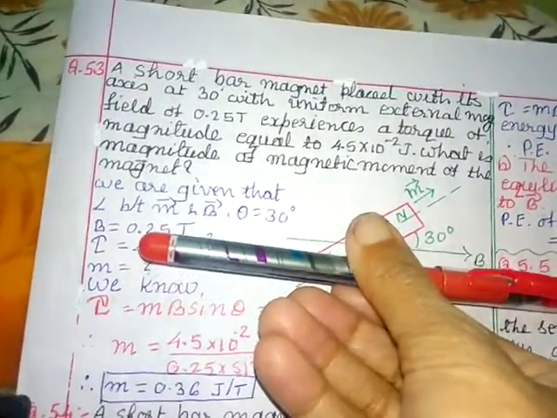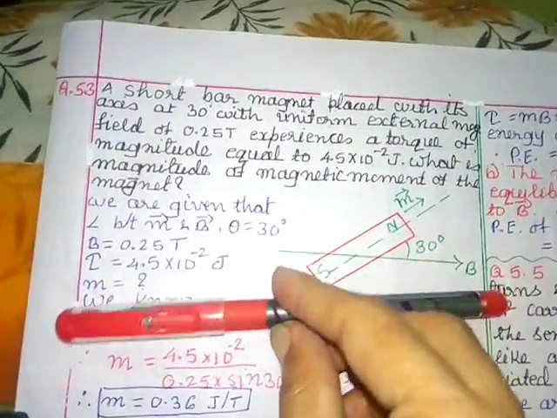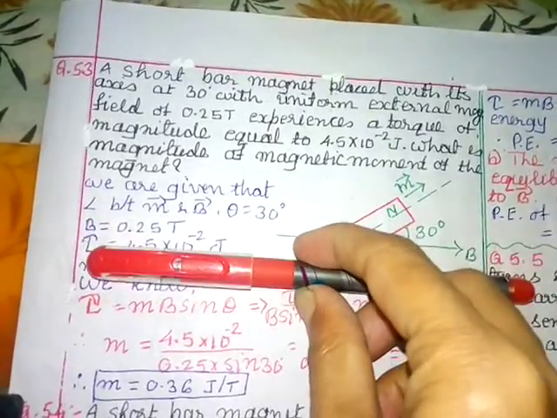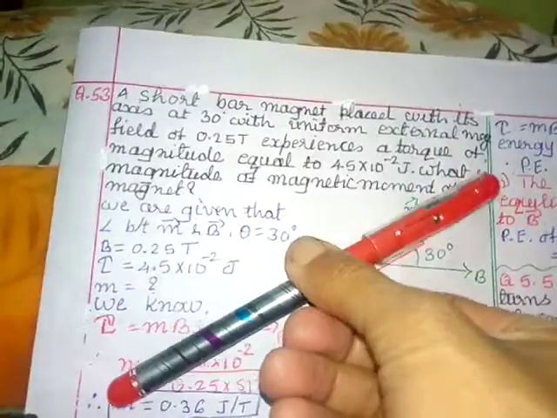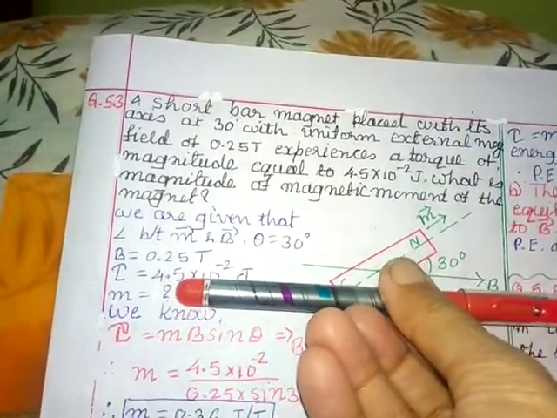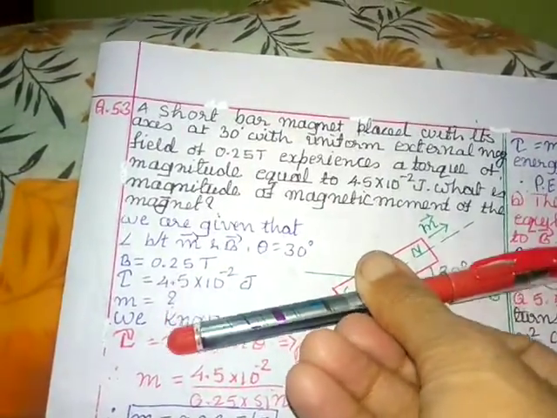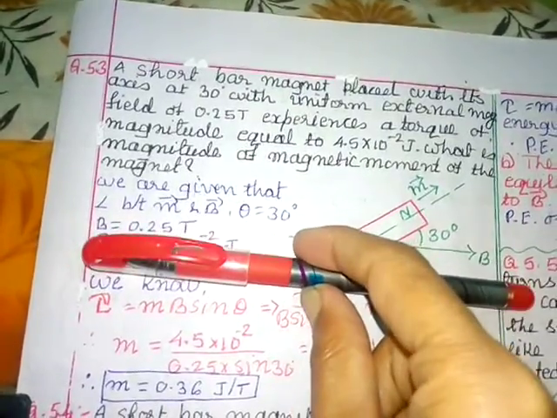And if you turn this 180 degree, then it will become unstable equilibrium. It is equilibrium, but it will become unstable. So when the magnetic moment is parallel to the magnetic field, that is theta between them becomes 0, at that time they are in stable equilibrium, and if you turn it over 180 degree, then it will become unstable equilibrium.